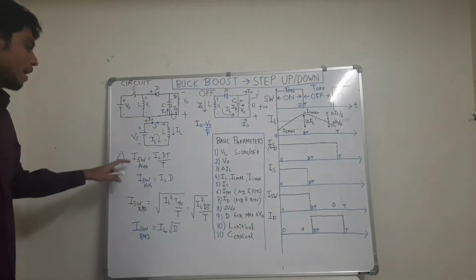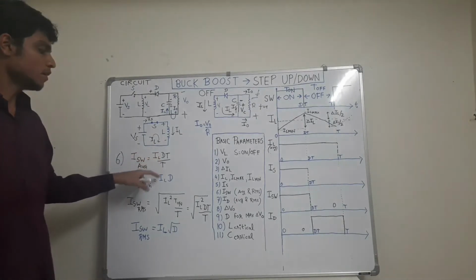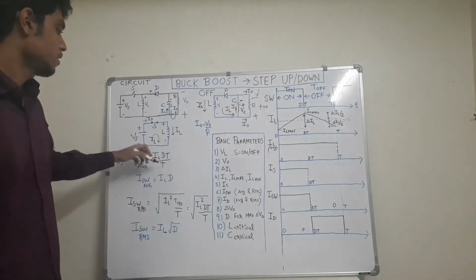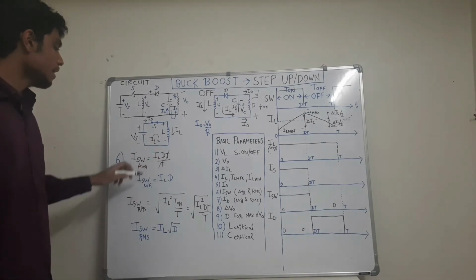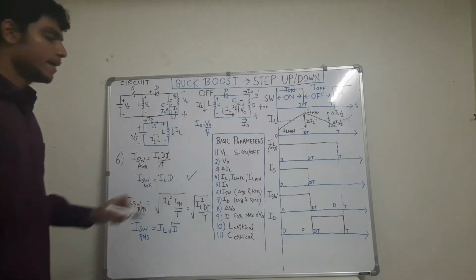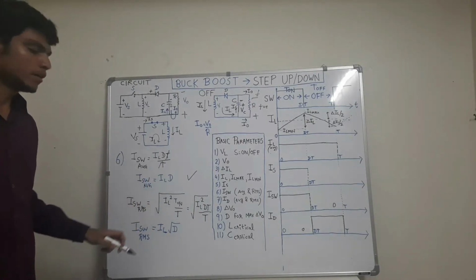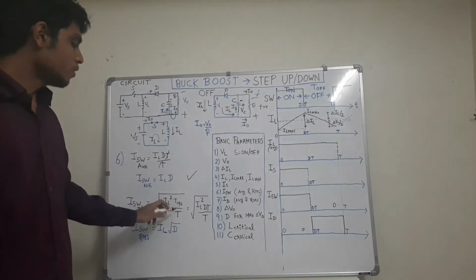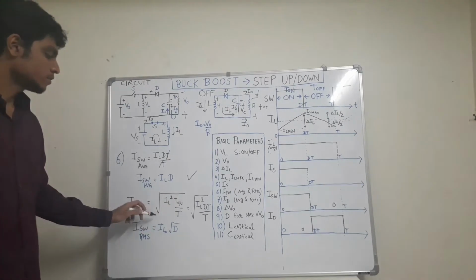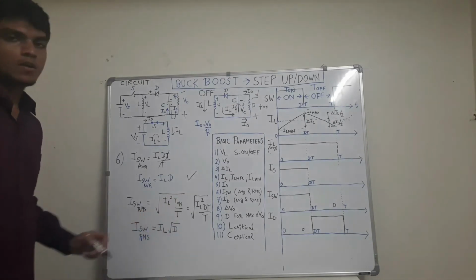So the switch current average value will be equal to IL into T on, that is dT, divided by the total time period. So T gets cancelled and the switch current average value is equal to IL into D. Now the switch current's RMS value is equal to the square root of IL square into T on upon T. That will come out to be IL into root D.